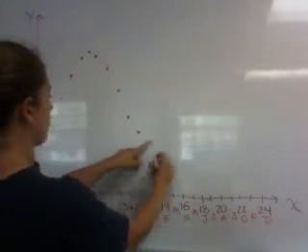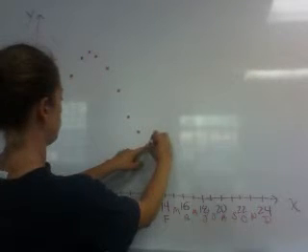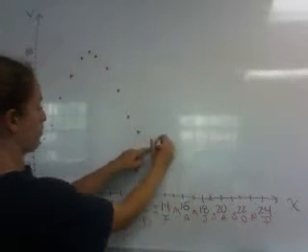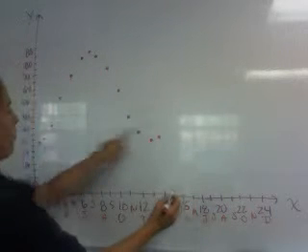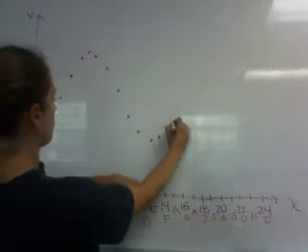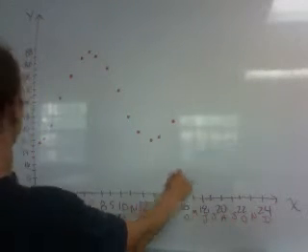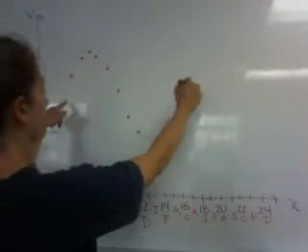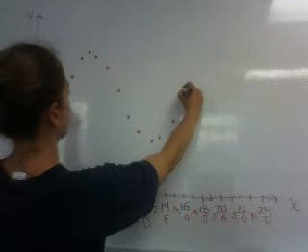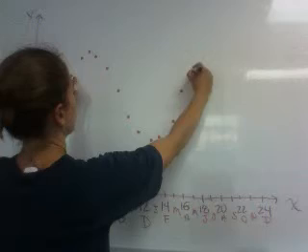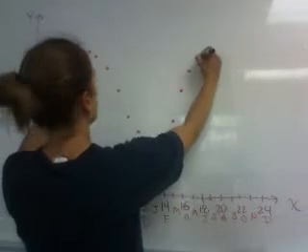So this one should line up. And then the second point should line up, February. Third point, March. April should line up with April. May. June.